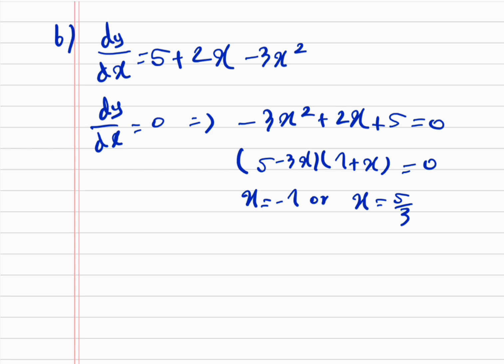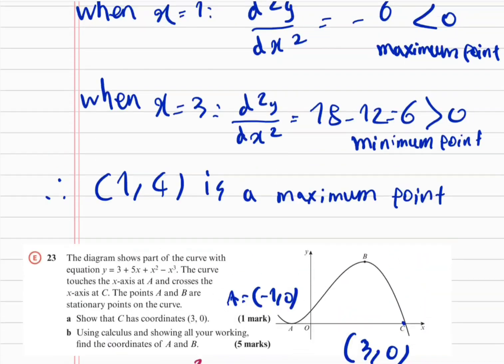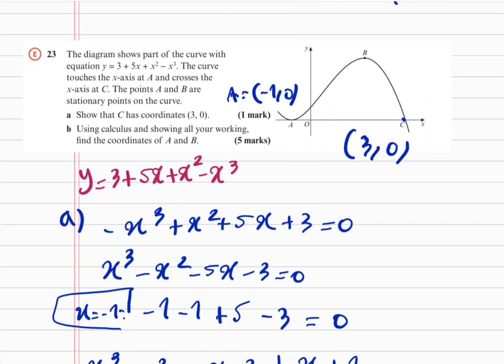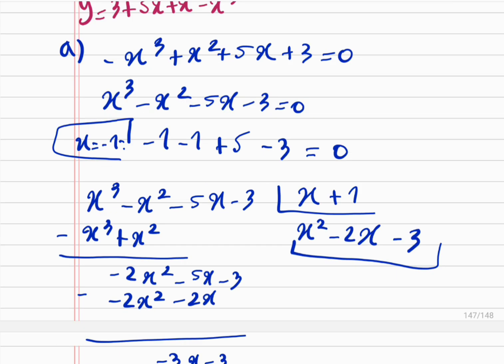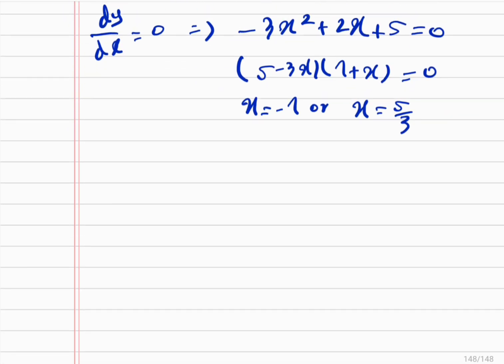So when x is equal to 5/3, that's indeed the x coordinate of point B. We only need to substitute 5/3 into the equation of y to get its y coordinate, and that's it for the question. When x is equal to 5/3, y is equal to 9 and 13/27.